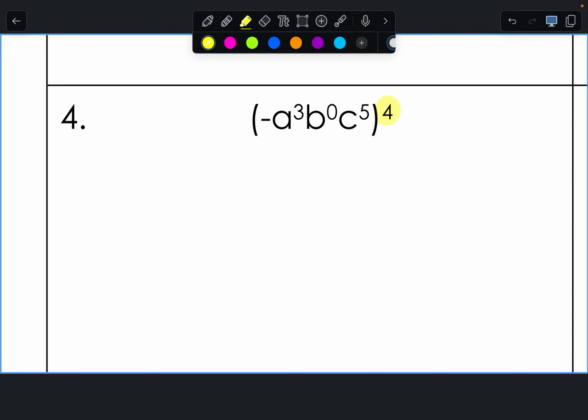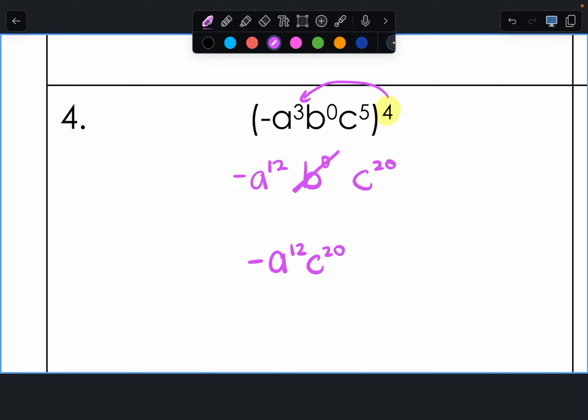All right, number 4. We have the power rule, where we're going to multiply. So when we multiply, we get negative a to the power of 12, b to the power of 0, and then c to the power of 20. b is to the power of 0, so we can just cancel it out.